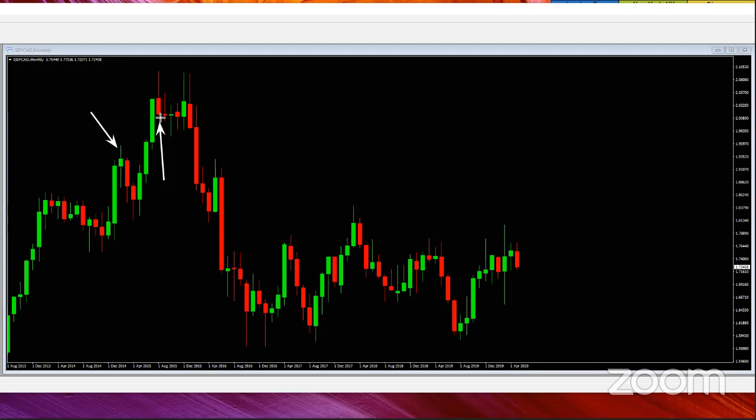With this one, you could have entered, and it eventually causes a downdraft there. This one's decisive. This one's indecisive. That's definitely decisive. That's indecisive. That's indecisive as well. That's incredibly decisive. So you're really looking at the bars and trying to figure out what they are telling you.